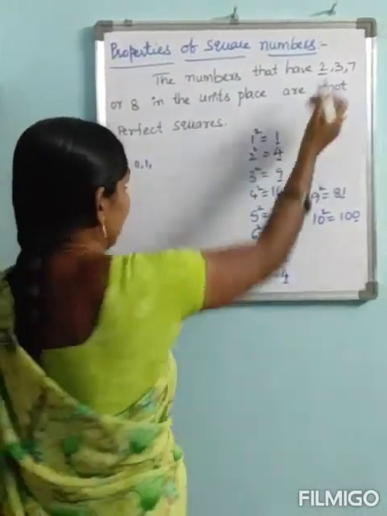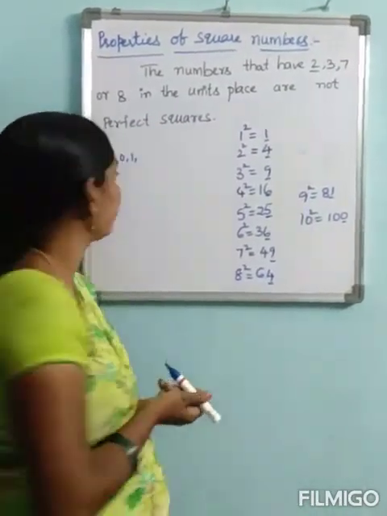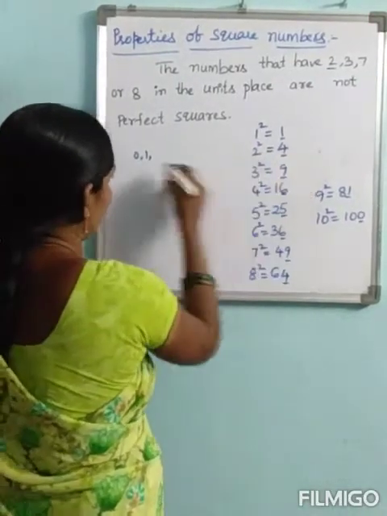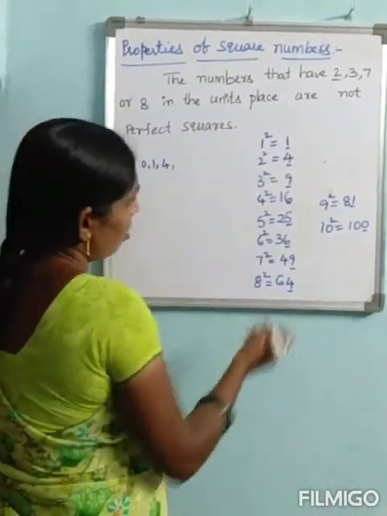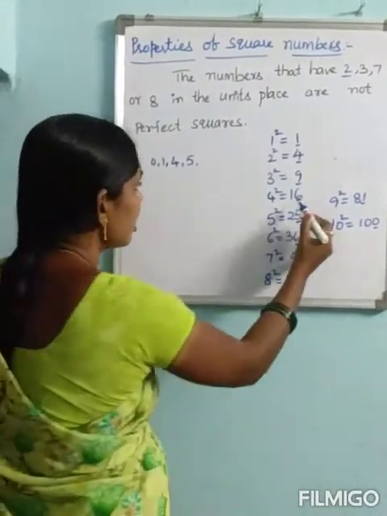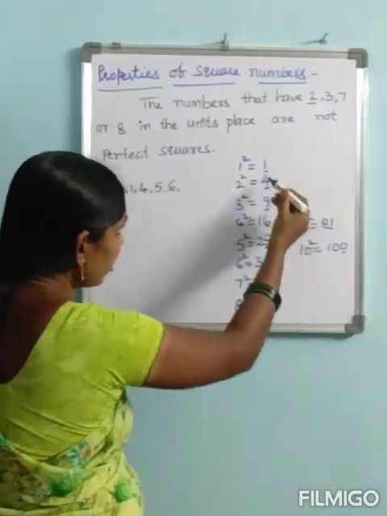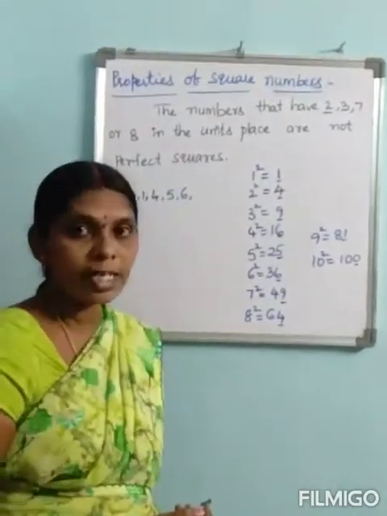Next we have to check 3. Here there is no 3 in the units place. Observe carefully. Next 4, 5 in the units place. Next 6 also in the units place. Is there any 7 in the units place?